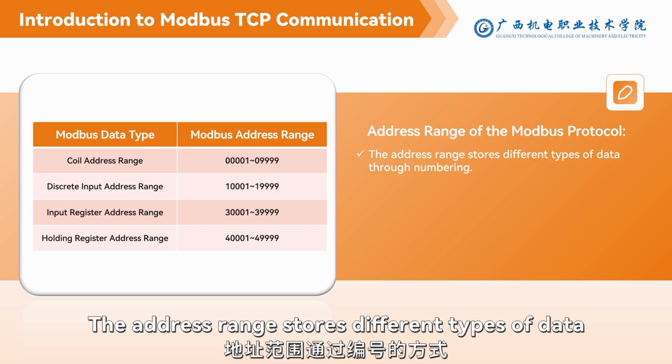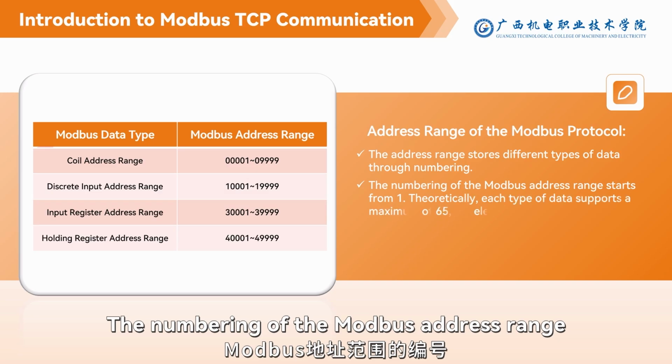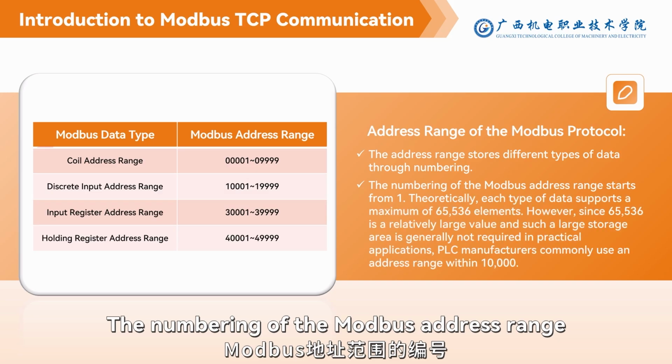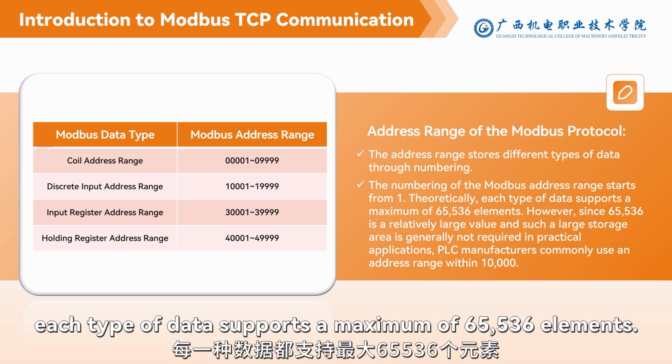Address range of the Modbus protocol. The address range stores different types of data through numberings. The numberings of the Modbus address range starts from 1. Theoretically, each type of data supports a maximum of 65536 elements.